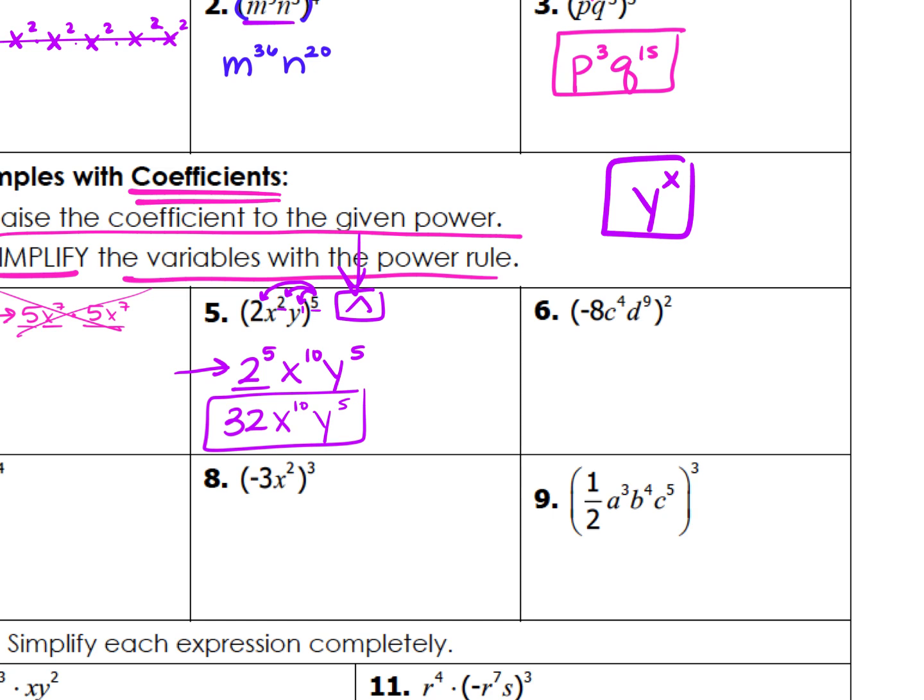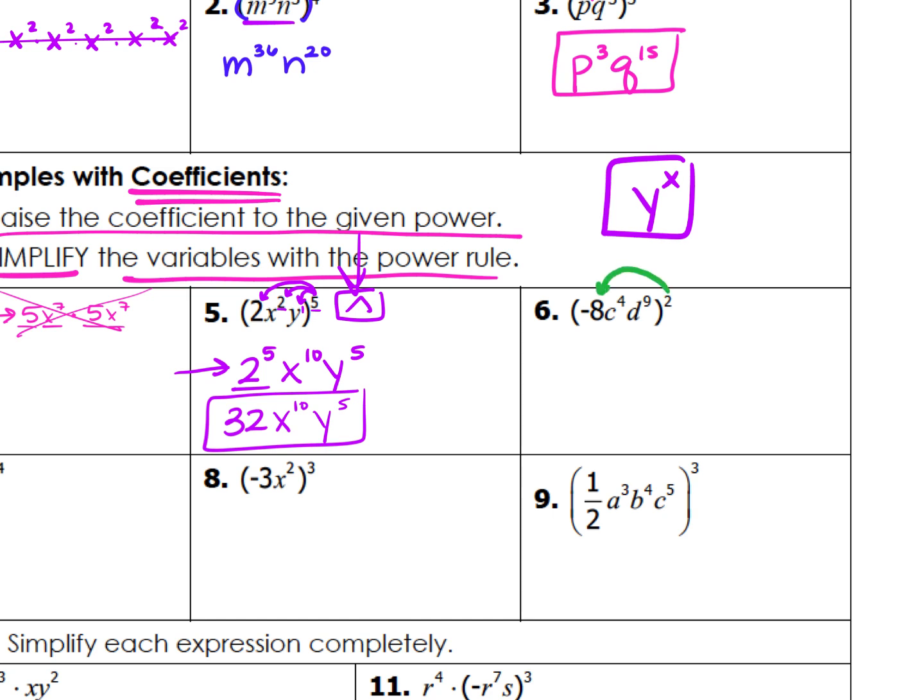Okay, this one is a little bit trickier because there's that negative there. And this one gets plugged in wrong all the time. My Algebra 2 students just took a test. A bunch of them plugged this in wrong. This is just to plug it in the right way. You can do this. I believe in you. You're going to take everything to what power? The second. Everything to the second power.